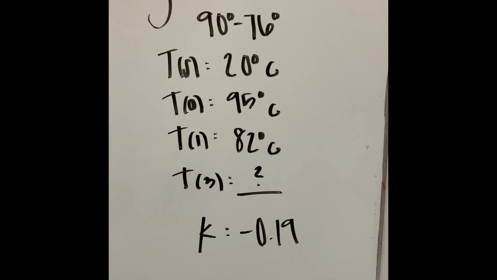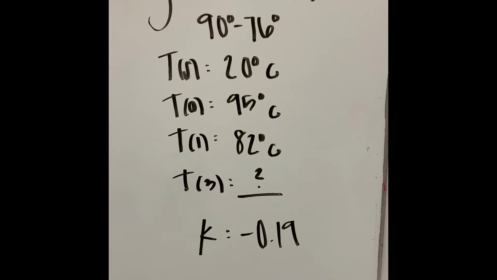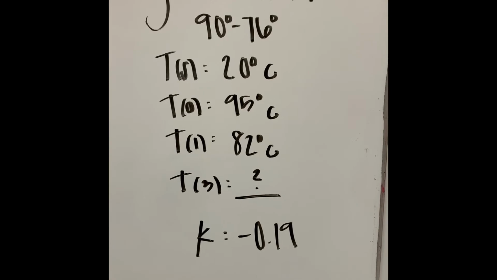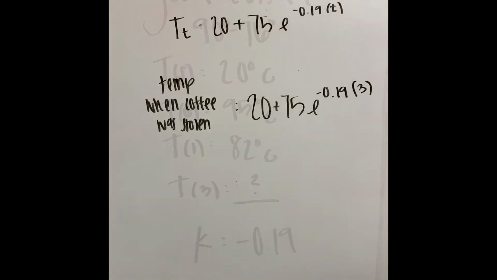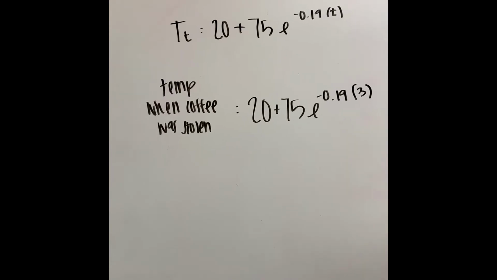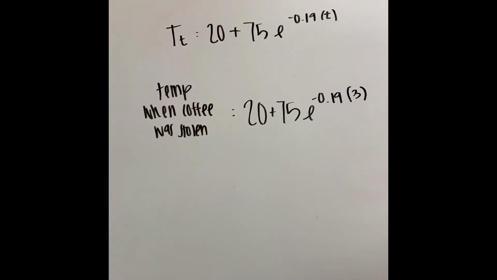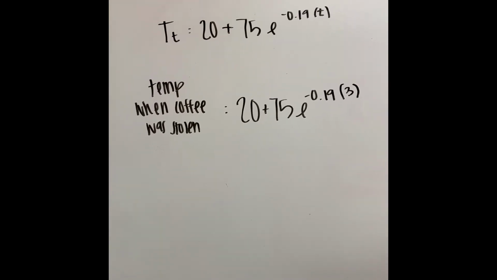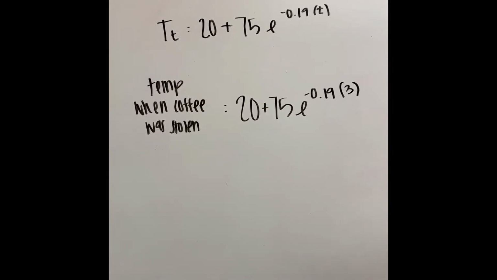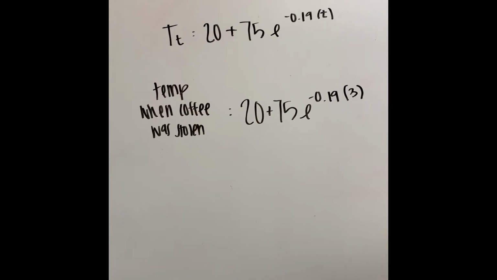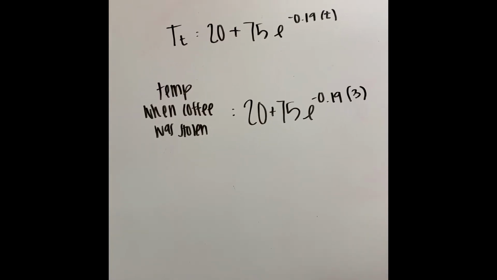So looking now at our table of values, we're going to plug 3 in for t and try and solve for the temperature at that time. So to find the temperature when the coffee was stolen, that will equal 20 plus 75 e to the power of negative 0.19 times 3, which is 3 hours after it was first set down.